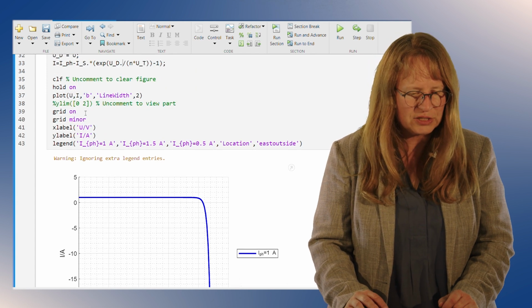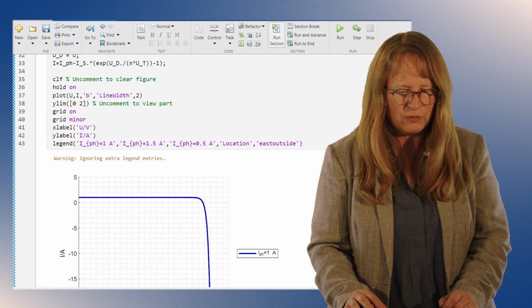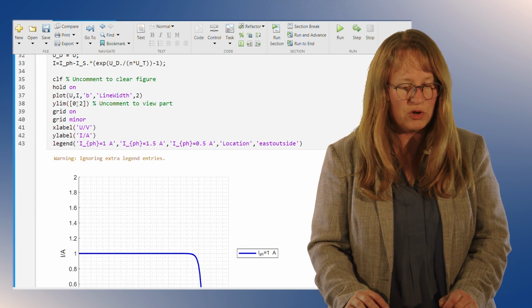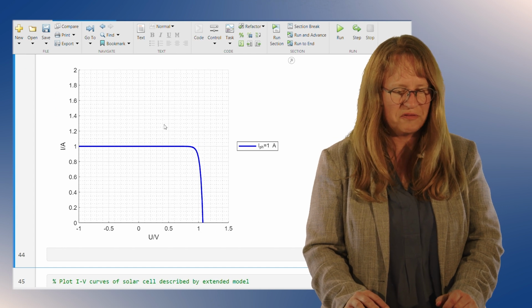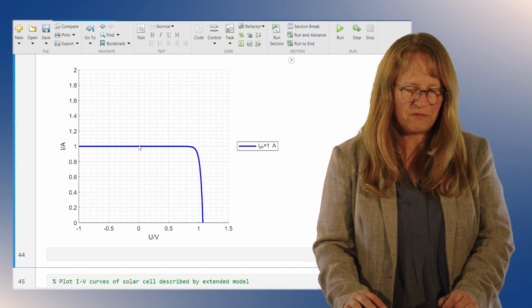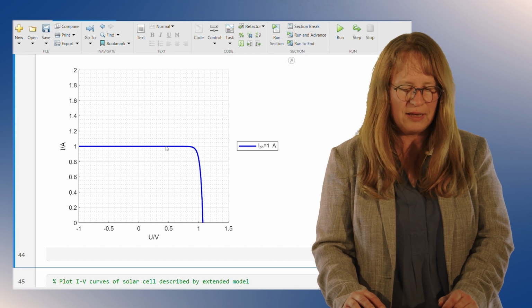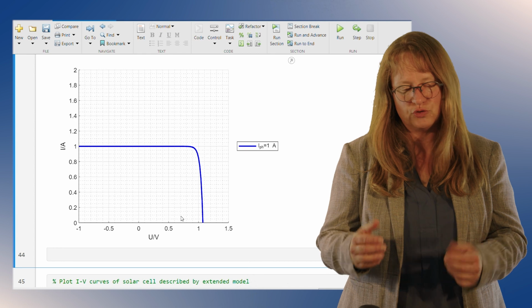So let's just zoom in a bit more on that. Rerun the section, and I just put that I only want to see the positive part. And now we see here only the positive part of the curve. And this is the part here where we have positive voltages, so this area, and a positive current. That is where the solar cell is generating electricity.